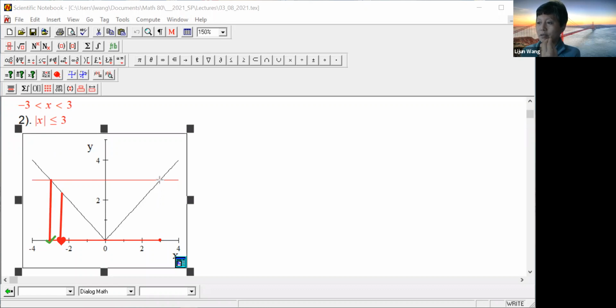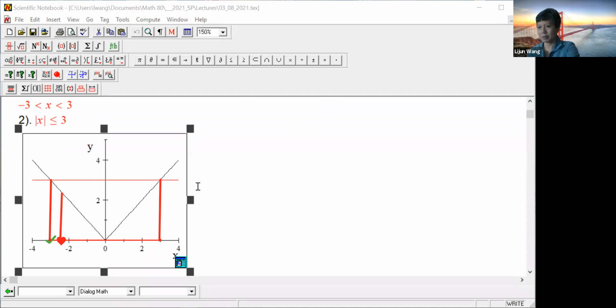So in this case, the solution, where the output is less than or equal to 3, will be everything between -3 and +3, inclusive. Does everybody understand?